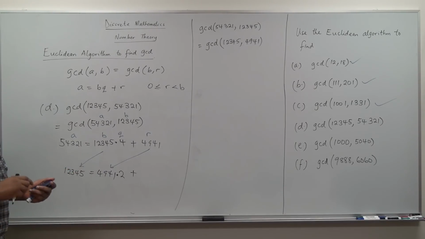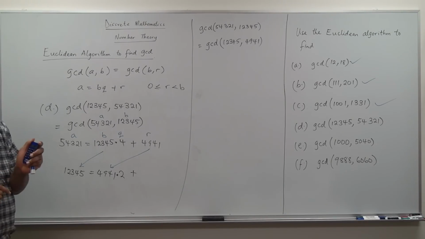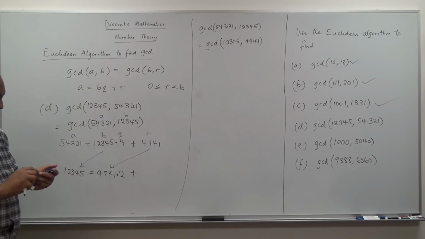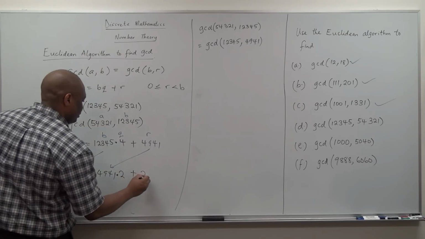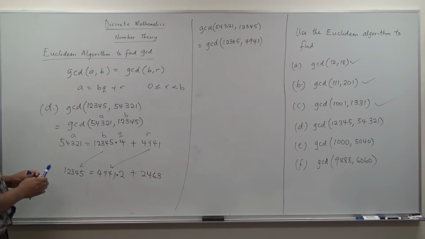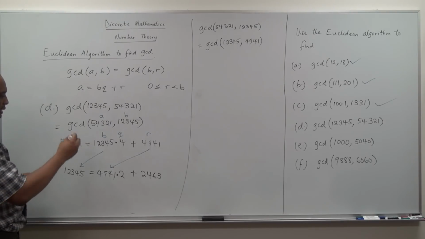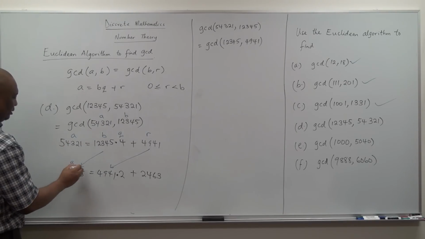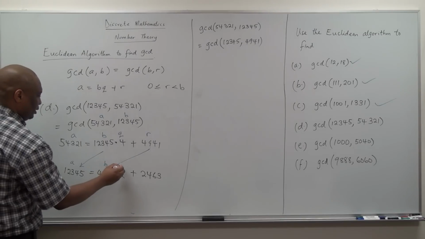You now check: 4941 times 2 gives you 9882. Then you subtract it from 12345. It gives you 2463. So in this case, this is now your A, your B, your Q, and your R.